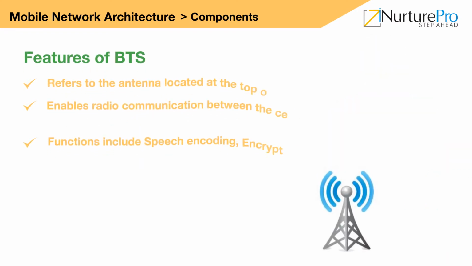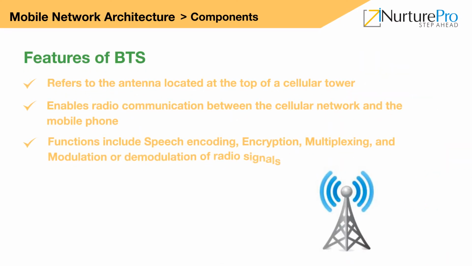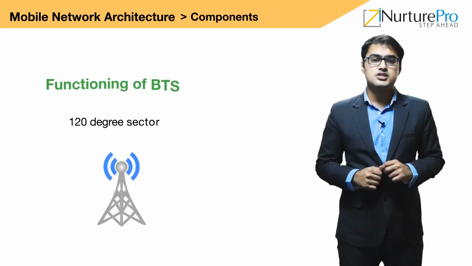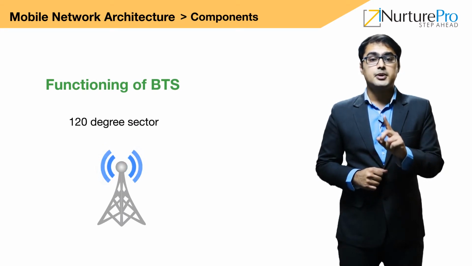Next, let us understand the next component of a mobile architecture. BTS refers to the antenna which is located at the top of a cellular tower. A mobile phone gains access to the cellular network through a BTS. Its main function is to enable radio communication between the cellular network and a mobile phone. A single BTS encompasses a 120-degree sector of a particular area.